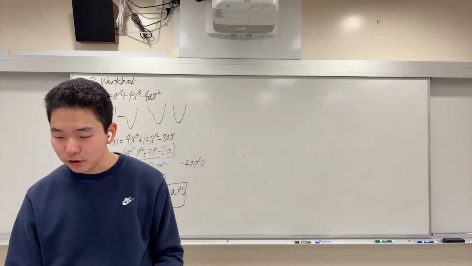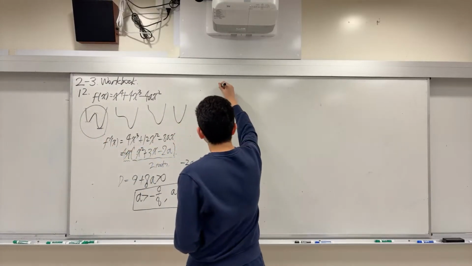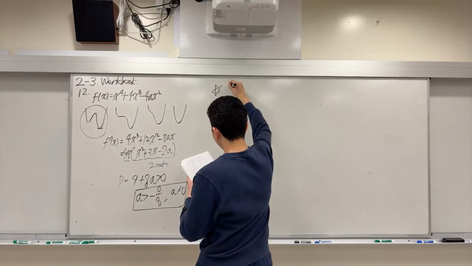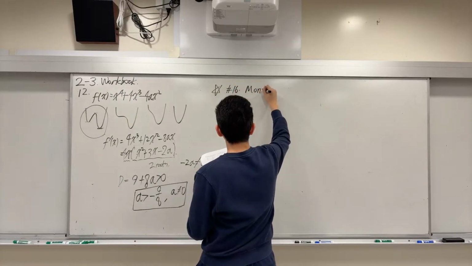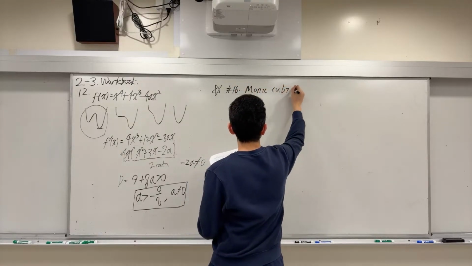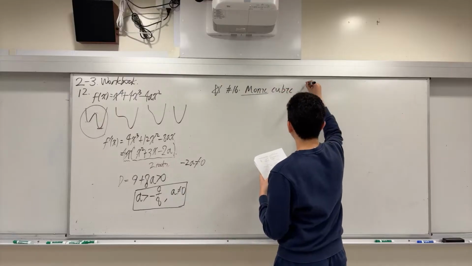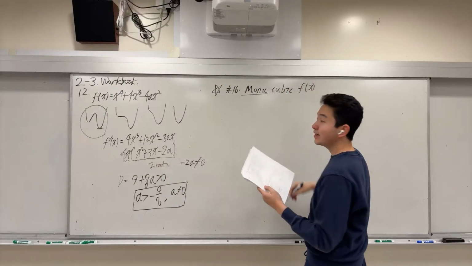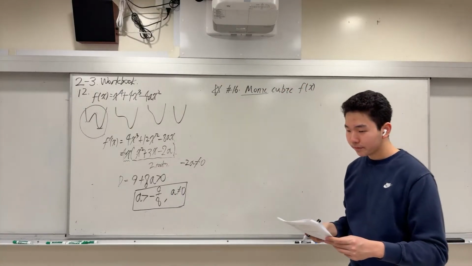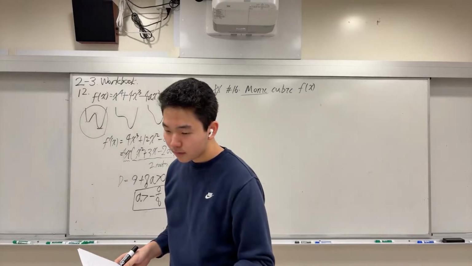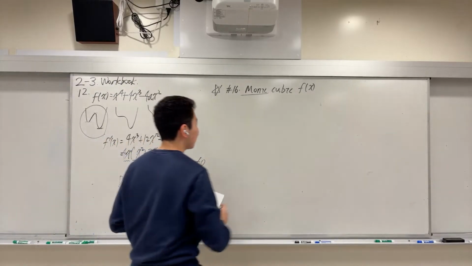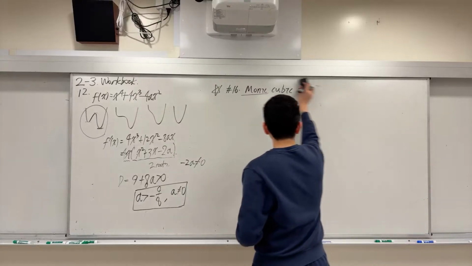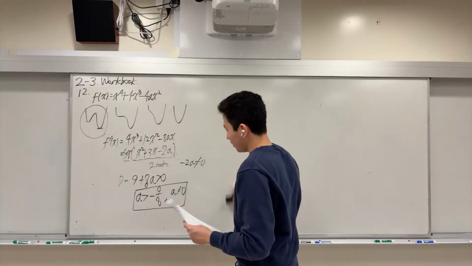Oh, I didn't put that in. Okay, so that's a typo. You should add the words monic cubic function f of x, so it has a leading coefficient of 1. Oh, never mind. It's already fixed. Okay, I got confused. It's already in there, so you should be fine.